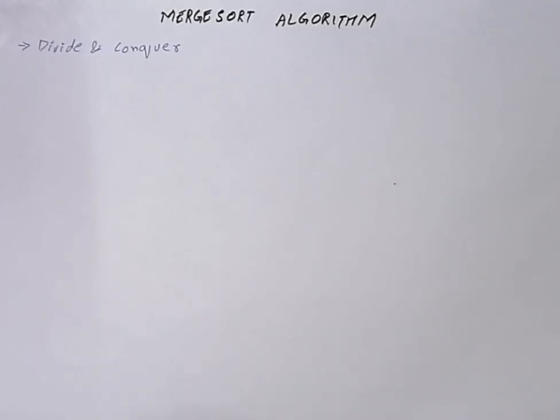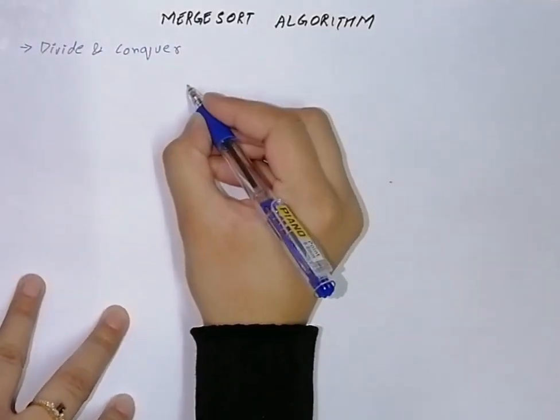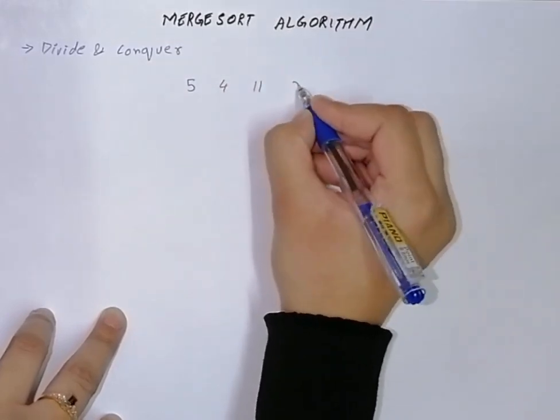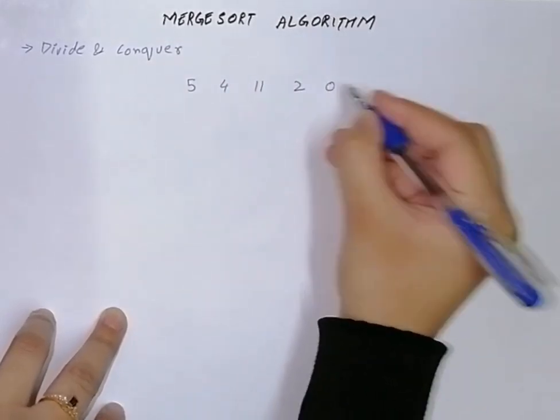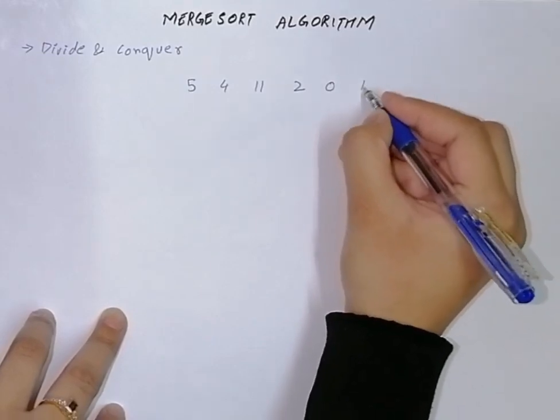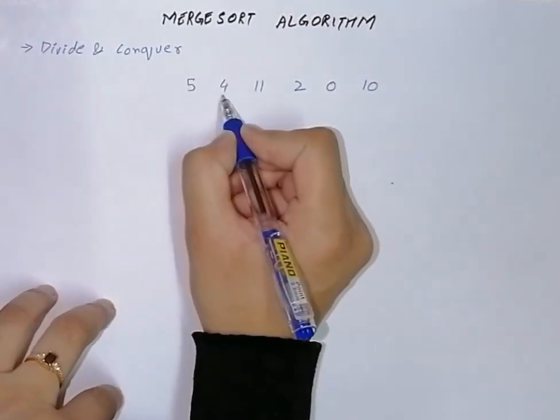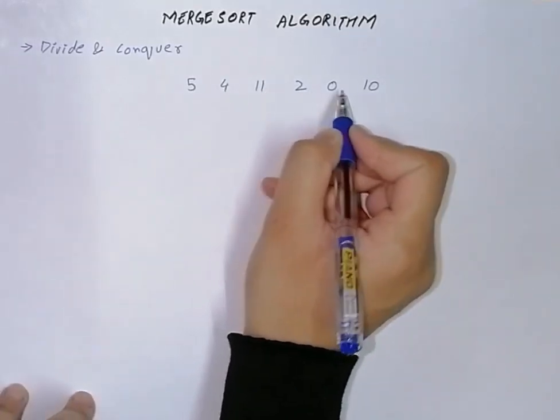So for that, let's consider a few values. Let's say my array has the values 5, 4, 11, 2, 0, and 10. The size of this array is 1, 2, 3, 4, 5 and 6.